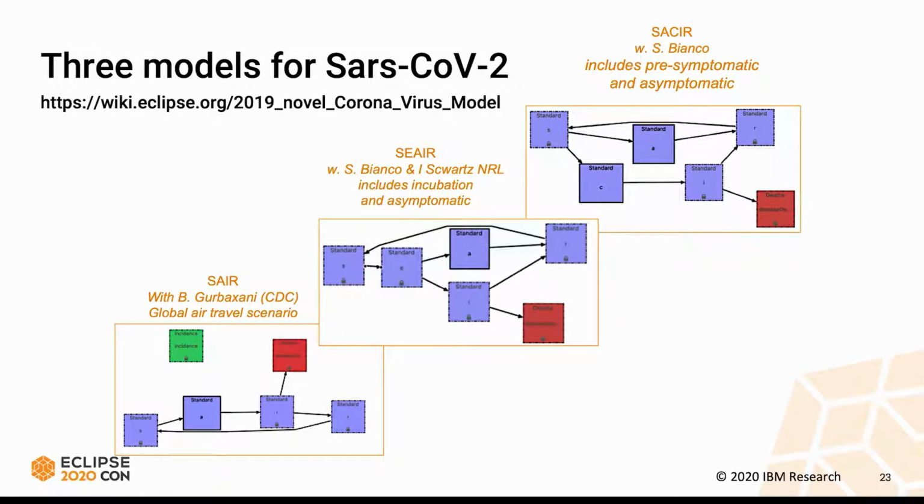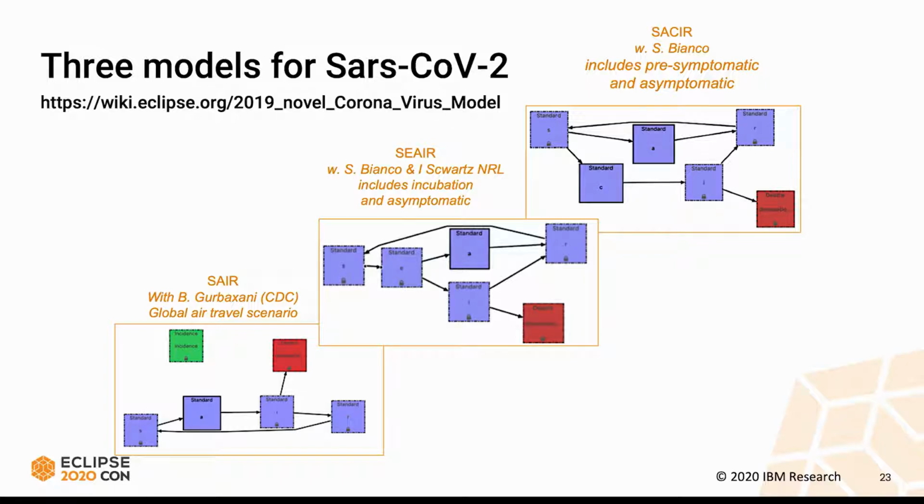So for example, the first model, the SAIR model, assumes that basically the population moves from being susceptible to being, in essence, you can call this pre-symptomatic, to infected, and then either the unfortunate case of death or recovery. And in this particular case, this model also allows someone who is recovered to then become susceptible again at some time in the future. The model that we'll focus on for the rest of this demo is the SACIR model.